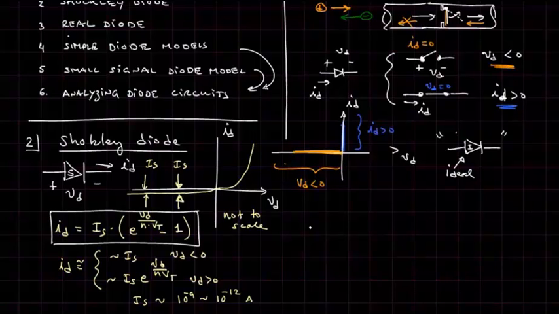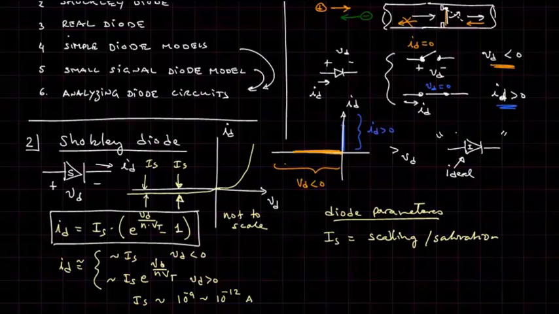Okay, so let's talk about some of the parameters associated with the diode. What we have is this IS, which is the scaling current, also called the saturation current.